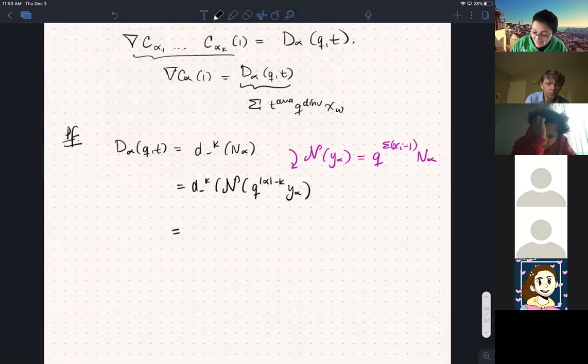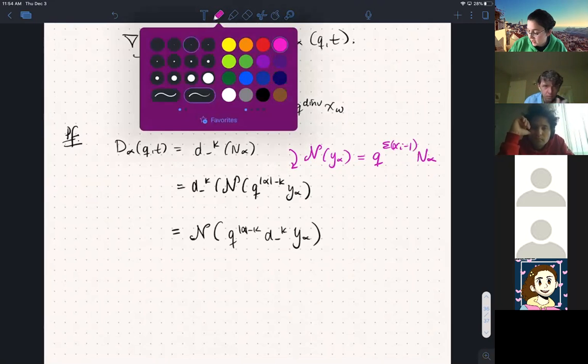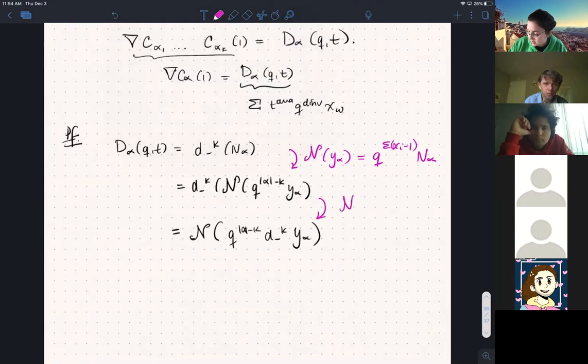So nothing too exciting there. Now we're going to do another step, and we're going to basically swap the N and the D alpha. So this is N of Q to the alpha minus K times D minus K Y alpha. Why? Because remember that N commutes with the D alpha, this curly N, this involution of D minus. Would your exponents on the Q actually be the negative of what you have?